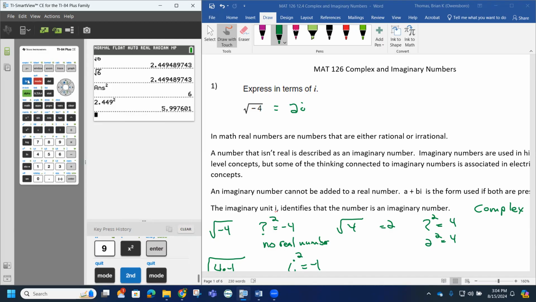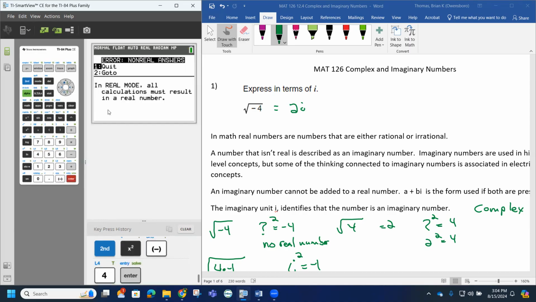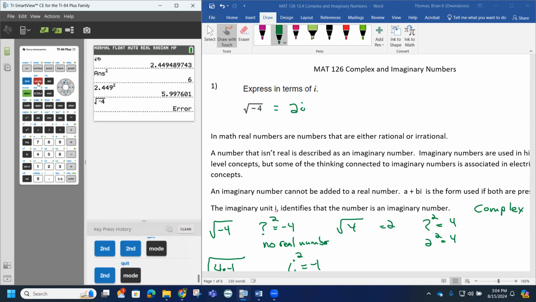Right now, if I take the square root of negative 4 and hit enter, it's going to say you're in real mode, calculations must result in a real number. So what they're saying is this calculation does not represent a real number.